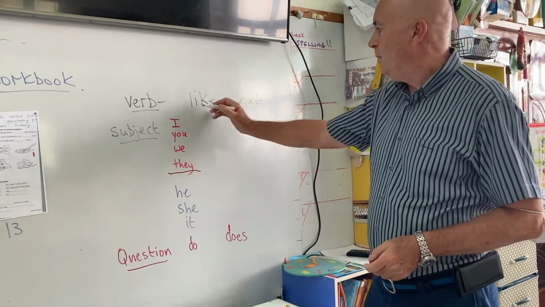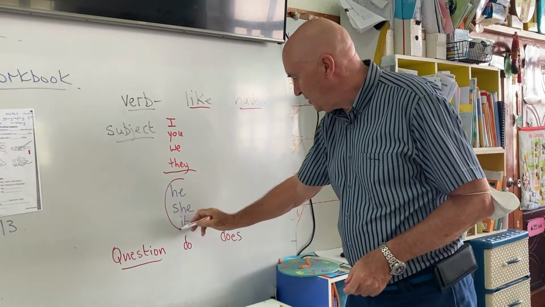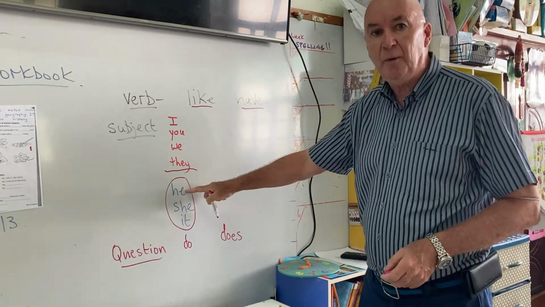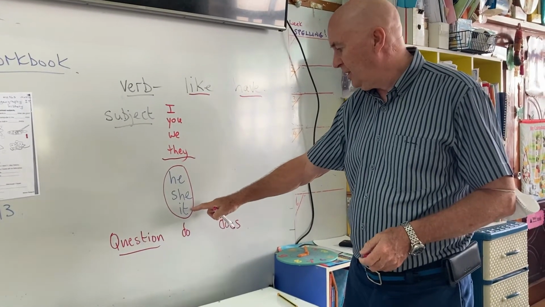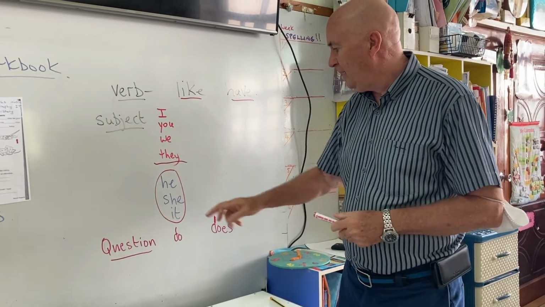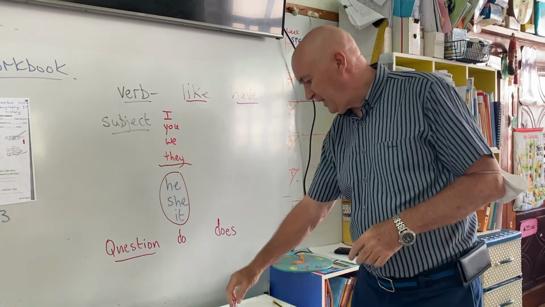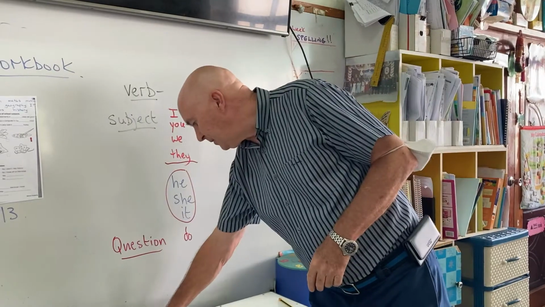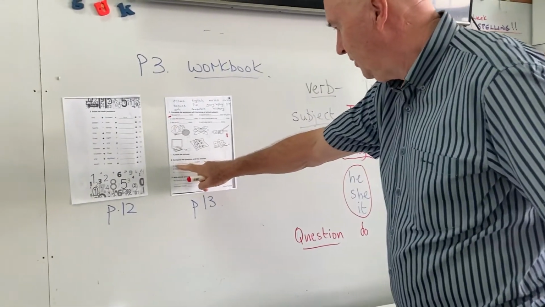But when we have our verb like and have, if our subject is he, one man, one boy, she, one lady, one girl, or it, one thing, if this is our subject, we have to be very careful. So let's look at question 2 here and see if we can do that.